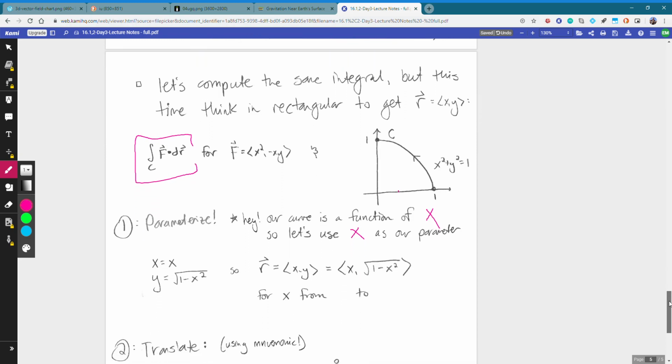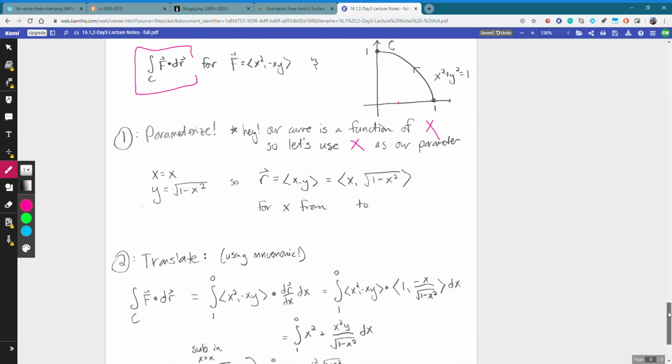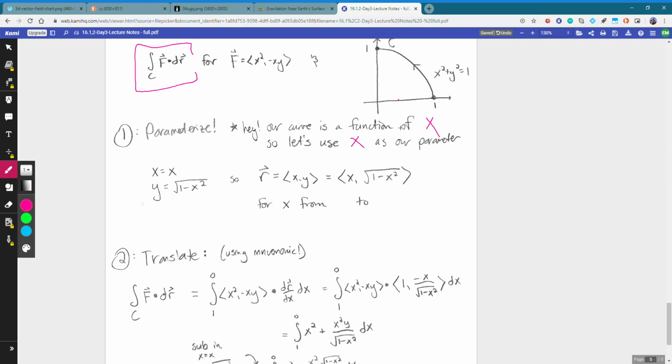All right, so let's talk through this one here. To parameterize, to get our vector function, r hat is going to give us our points x, y. If we're using x as our parameter, that can stay.